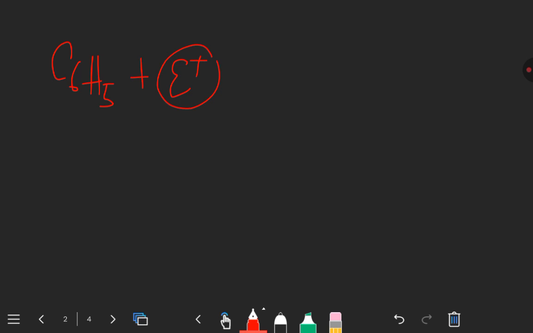One thing we should know about this electrophile is that it is an electron-loving species. That's the difference between an electrophile and a nucleophile. A nucleophile is a certain compound which is rich in electrons. But an electrophile is deficient in electrons. Because it is deficient in electrons, it loves electrons. So we say it is an electron-loving species, or an electron-loving substance.